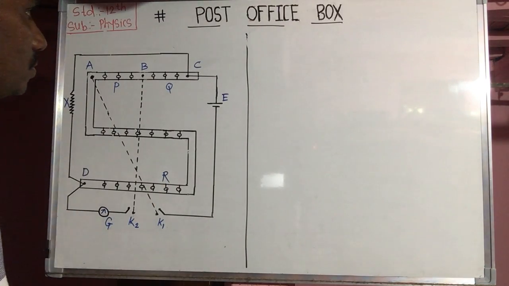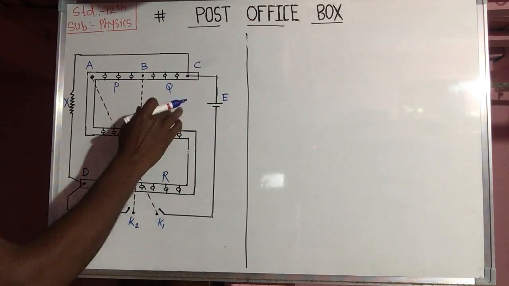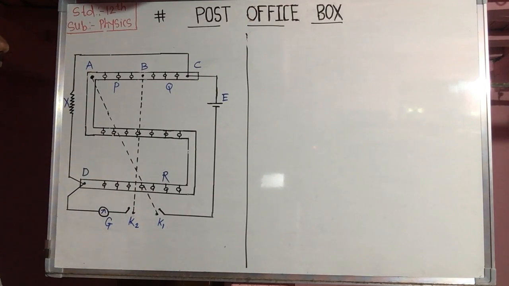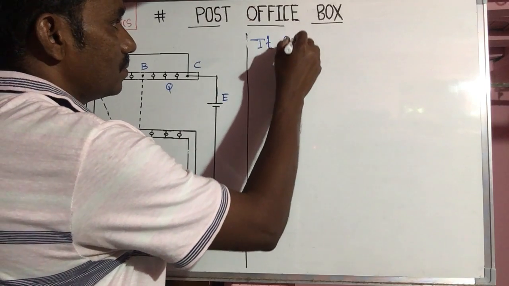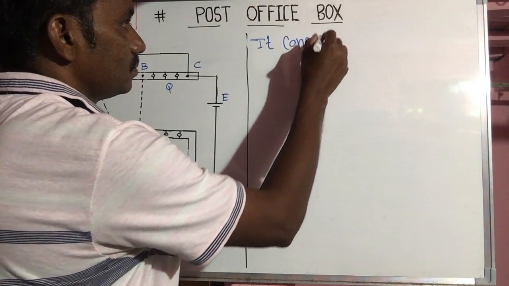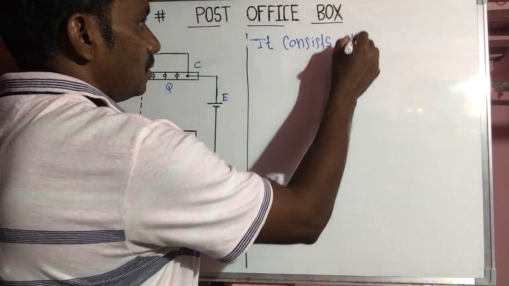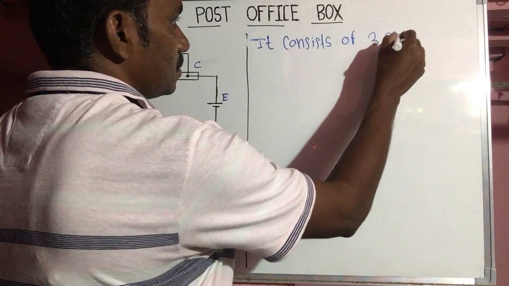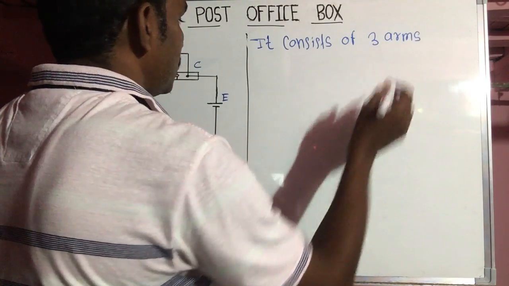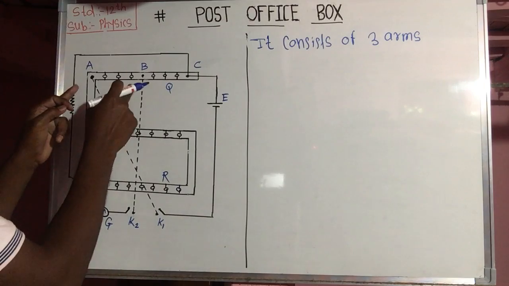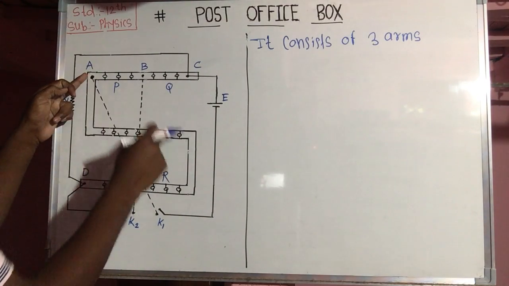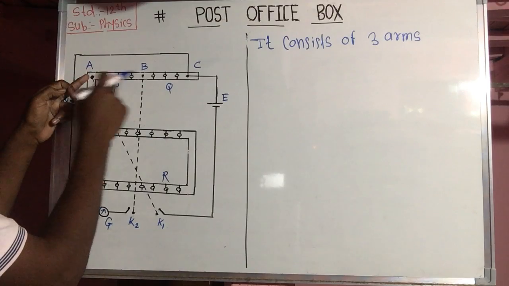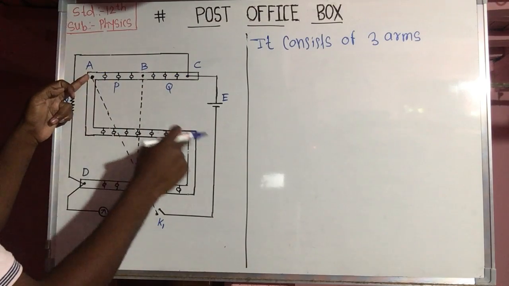So now coming to this diagram. This circuit consists of three arms, which are AB, BC and AD.